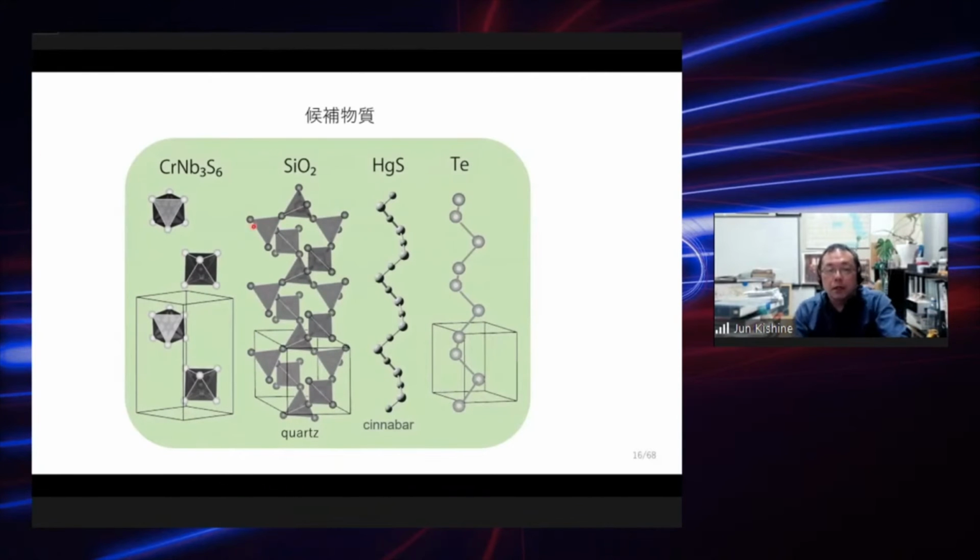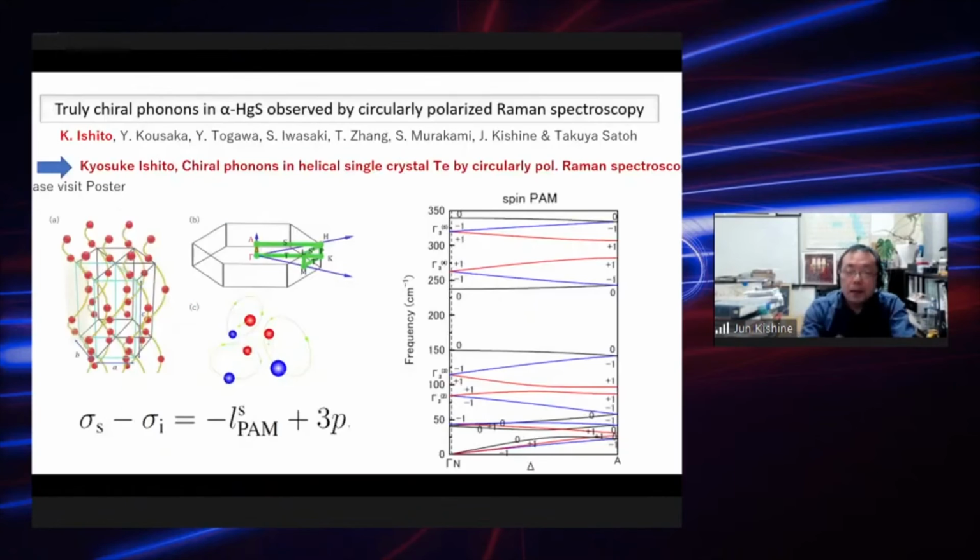These are, for example, materials like this. Then, quite recently, I collaborated with experimentalists, and we did circularly polarized Raman spectroscopy.